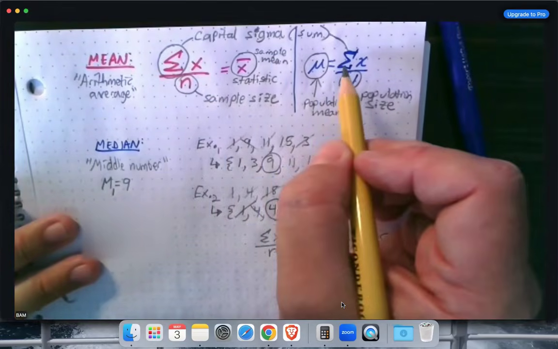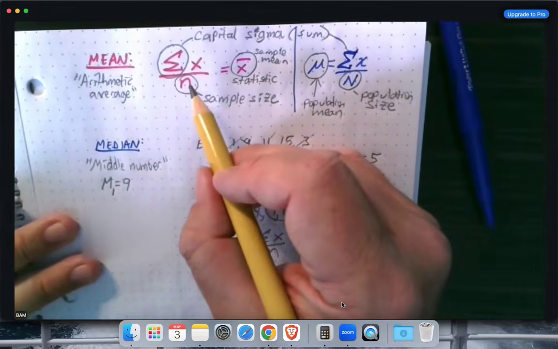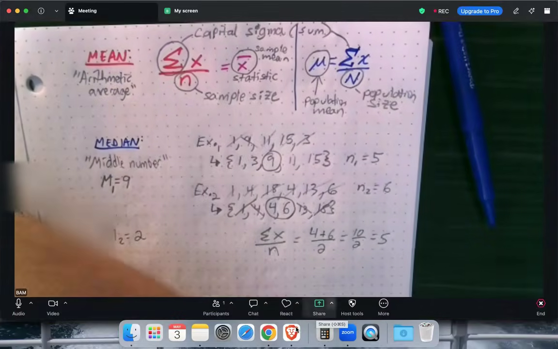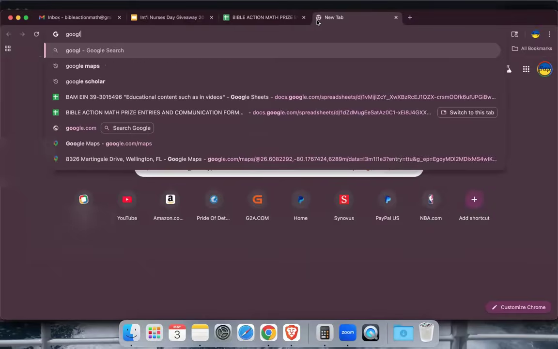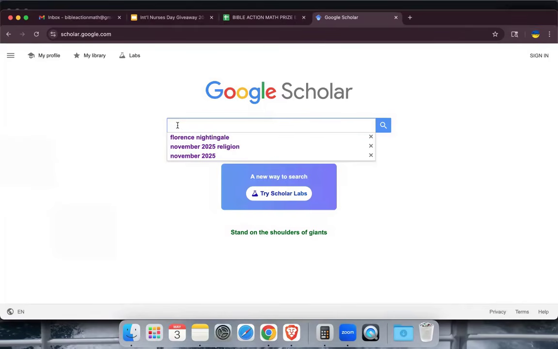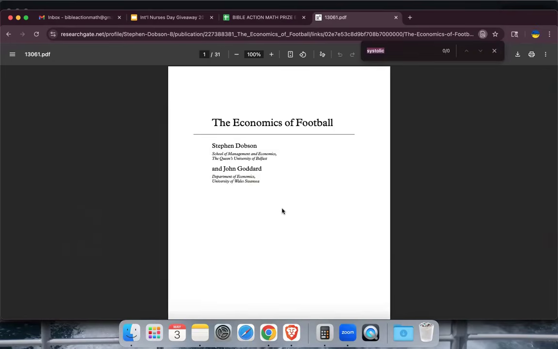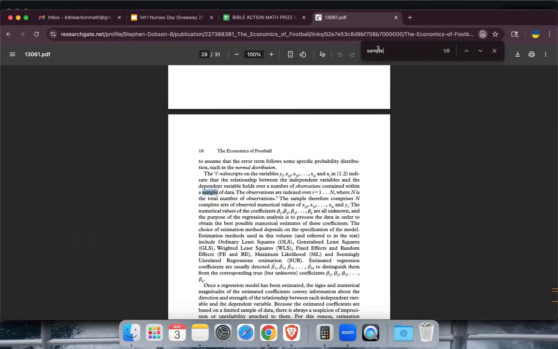But when you move along later, they stop using the little n's. So if I go to Google Scholar and I just look up something that I feel like looking up, and then I can search for little n. Not much. Get it to search for sample.